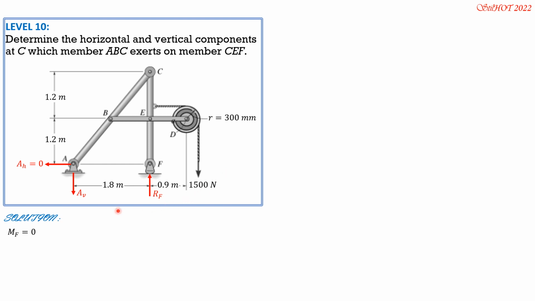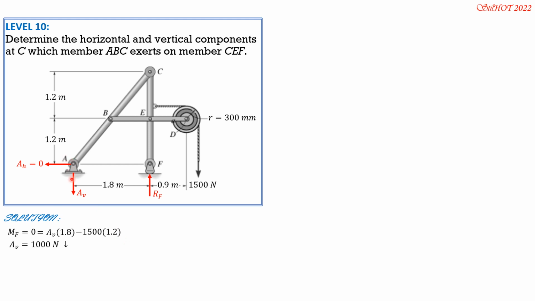So we have AV, counterclockwise positive, times 1.8, then minus 1,500 times 0.9 plus 0.3 radius, so 1.2. So AV is correct downward. It is equal to 1,000 newtons downward.